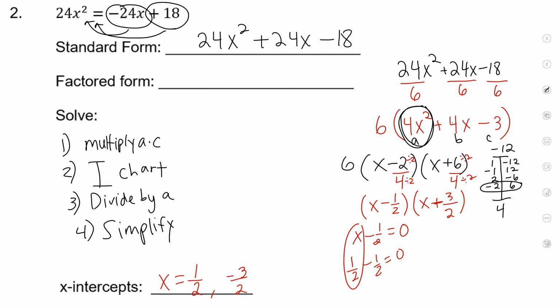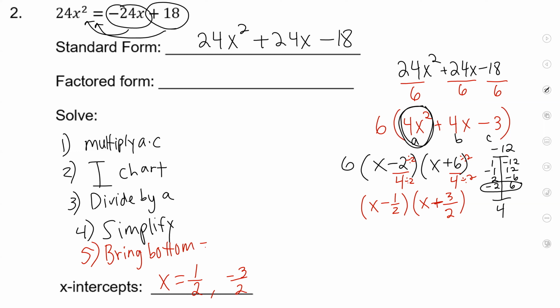Okay, now let's talk about my factors. We're going to bring the denominator to the front. So that's step number 5. I'll just say bottom. Let's keep it short. Bring bottom to the front. So guys, let me circle the denominator.